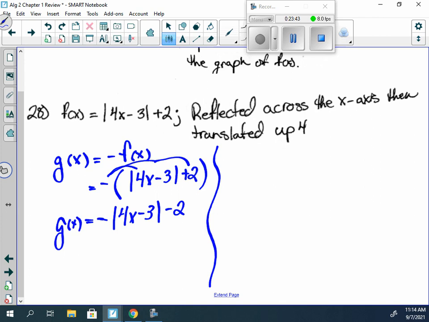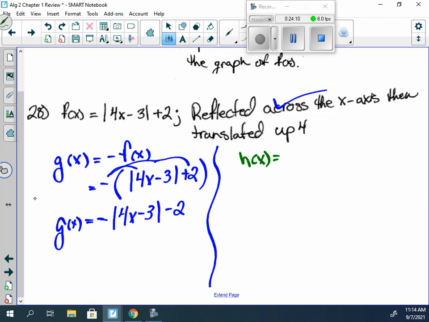So after the reflection across the x-axis, done, we now have negative absolute value of 4x minus 3 minus 2. Any questions about the reflection across the x-axis?